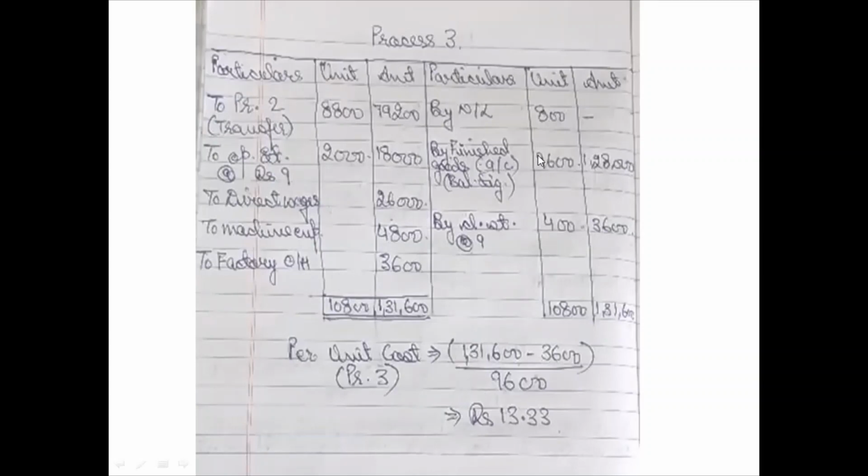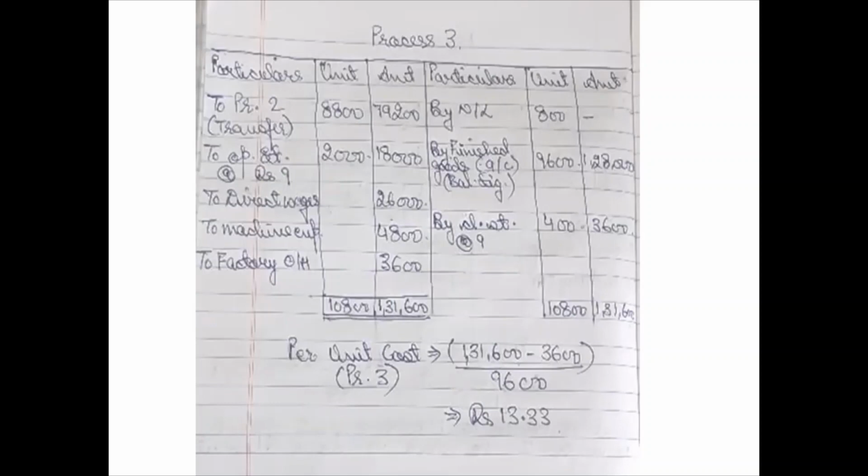Now remember, since this is the last process, there is no further processing to be done. That means process 3 is going to give us the finished product. No further processing is required. The product is being manufactured from 3 processes only, process 1, 2 and 3.